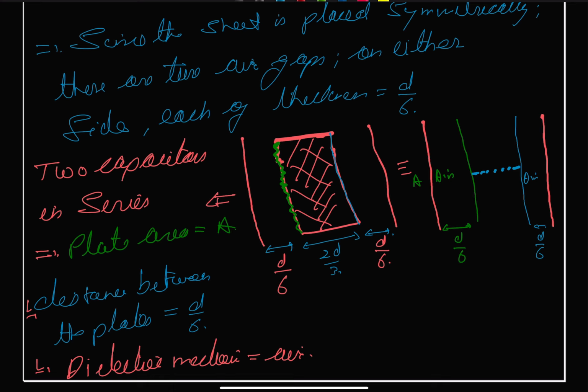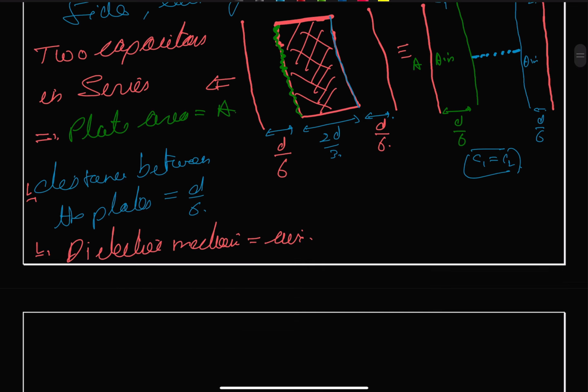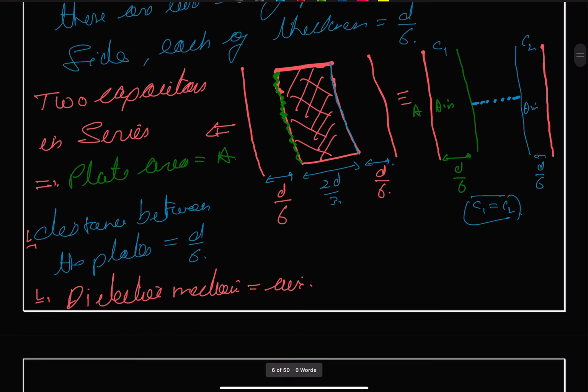Now we get two capacitors with the same area and the same distance between the plates. Let us call them C1 and C2. Obviously they will be equal because everything about them is the same, and they are connected in series.